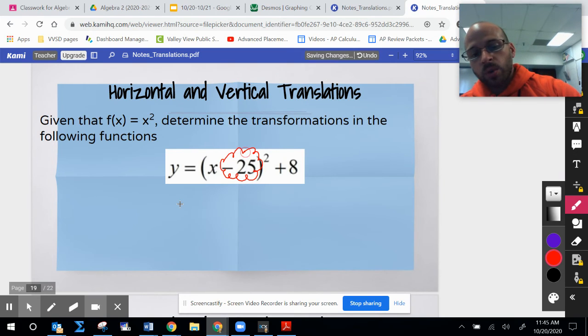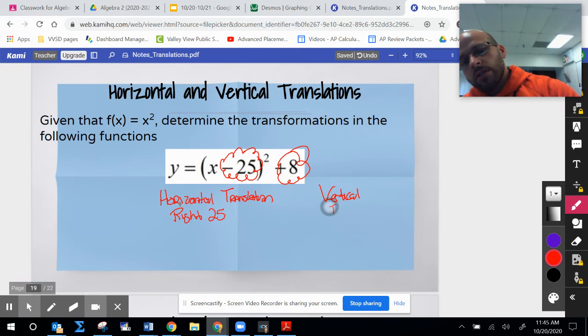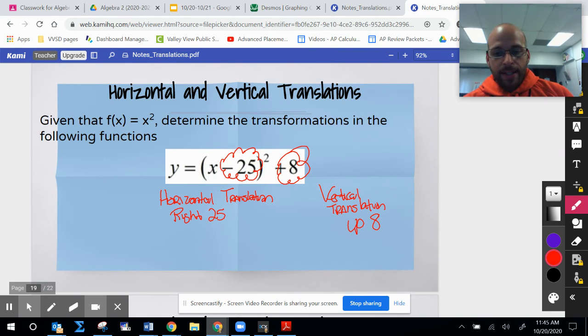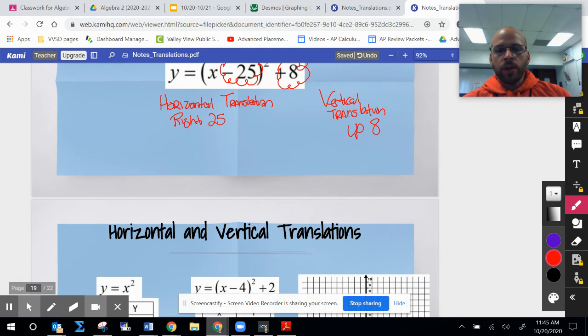Well, if you subtract 25, that means I'm going to have a horizontal translation right 25, and this 8 would be a vertical translation up 8, because it was a plus, so that means it's going to go up. So we have 2 transformations, right 25 and up 8.